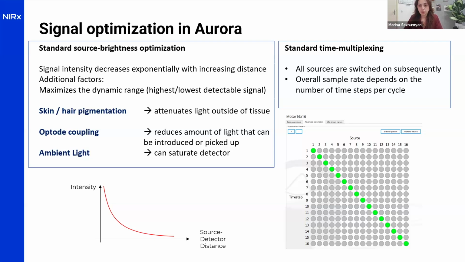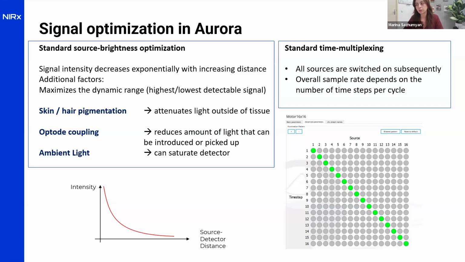Another major feature that makes sure we avoid any crosstalk is the time multiplexing. So what the standard time multiplexing means is that the sources are switched subsequently and not simultaneously. And in the case of a standard montage, so approximately equidistant channels, each illumination, each channel will create a unique timestamp.